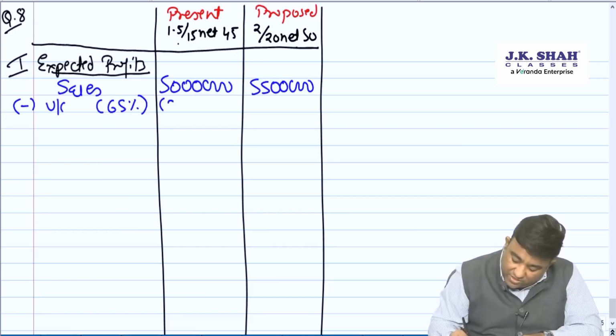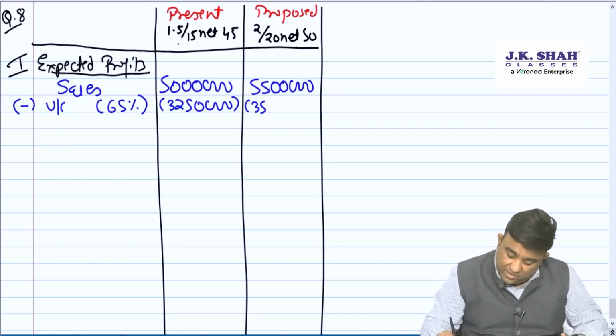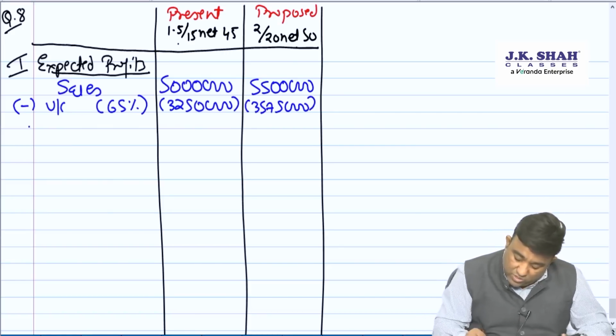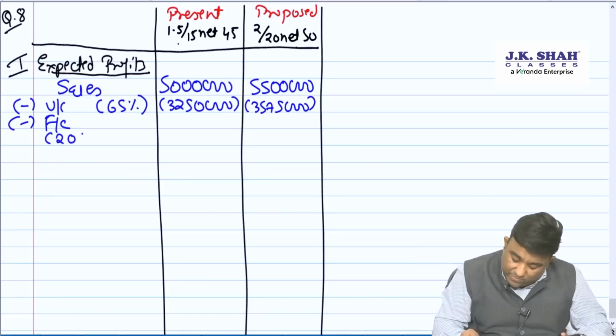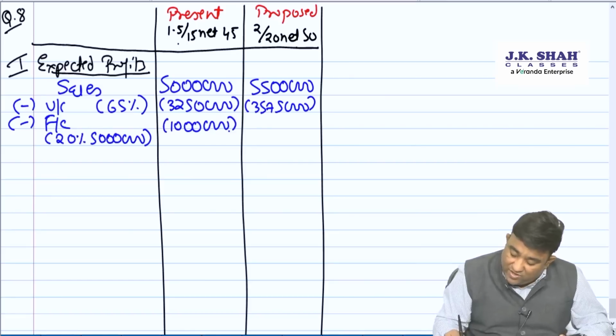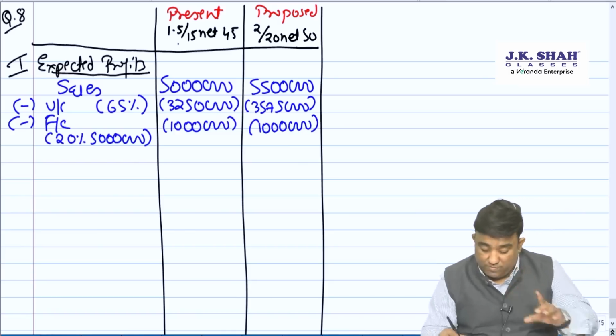So 65% is 32 lakh 50,000, and next, 55 lakh into 65% is 35 lakh 75,000. Student, fixed cost at the present level is 20% of 50 lakh, which is going to be constant at 10 lakh even for the proposed policy. Student, this is very crucial.